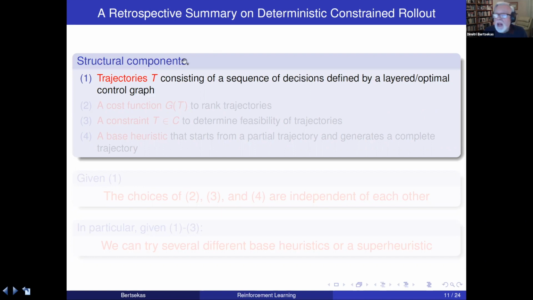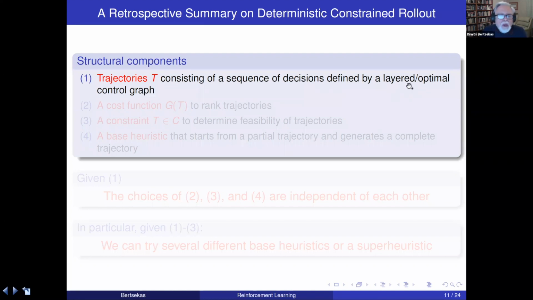Okay, so what are the structural components of the framework that we have developed so far? First of all, we have trajectories, which are defined by a layered graph showing the transitions from states in one stage to states in a next stage through the use of controls.